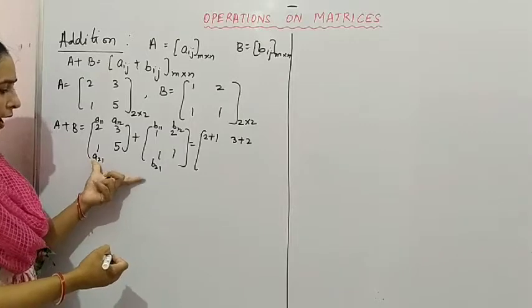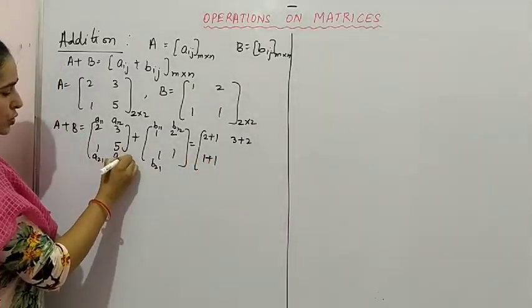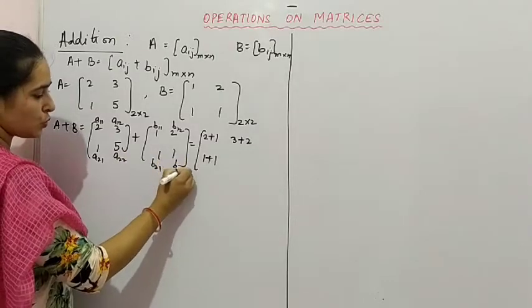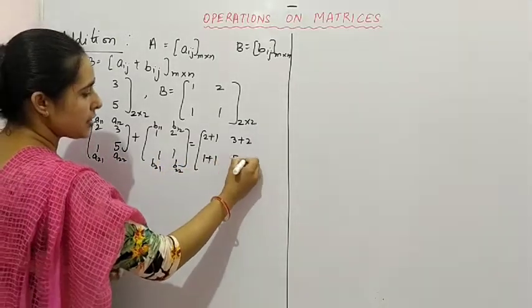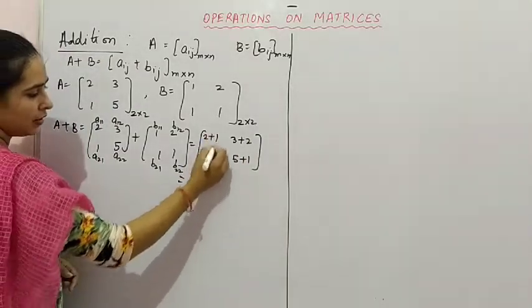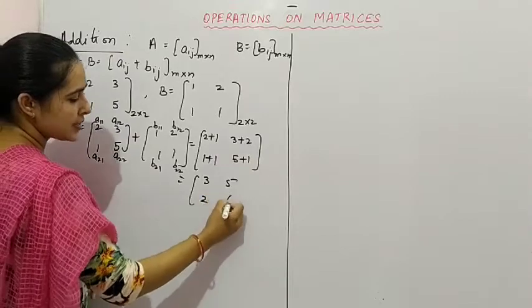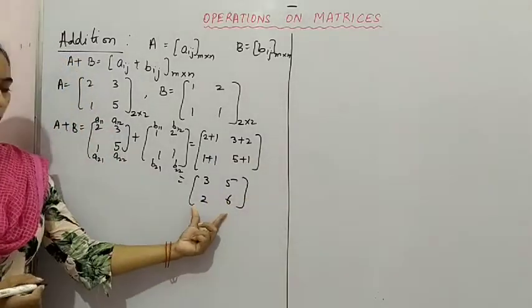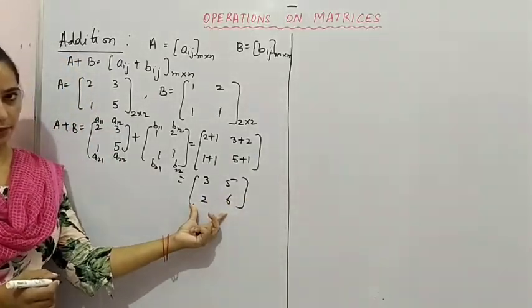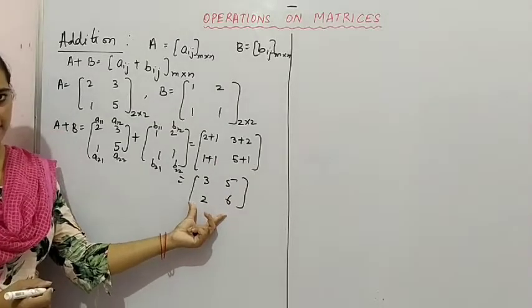So we have to add these two elements. This is A22 and this is B22. So we have to add these two elements. What is the answer? 3. 3 plus 2 is 5. 2, 6. This is your answer of A plus B. This is how you can add two matrices.